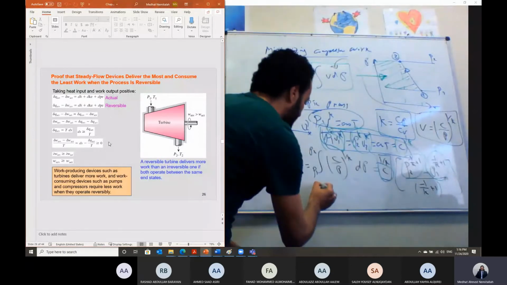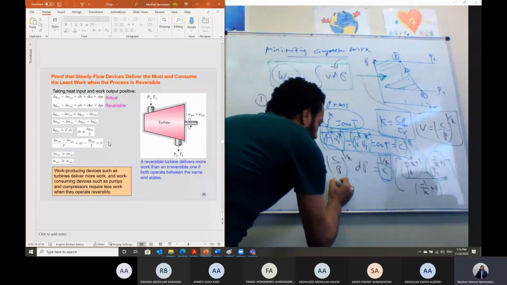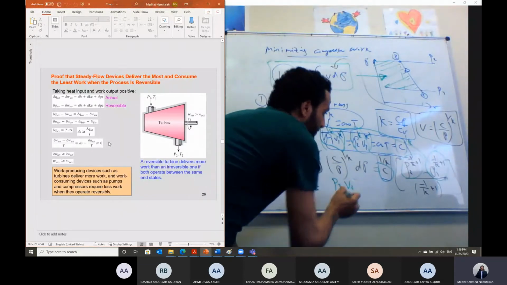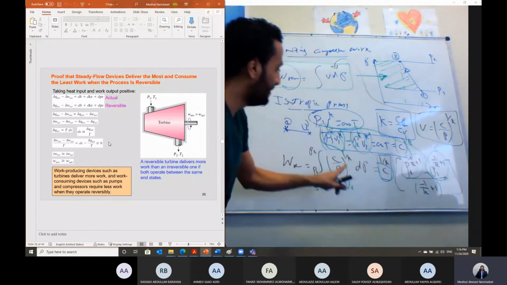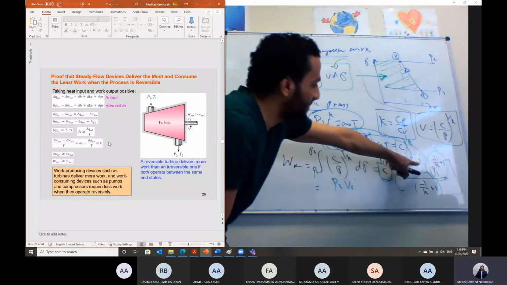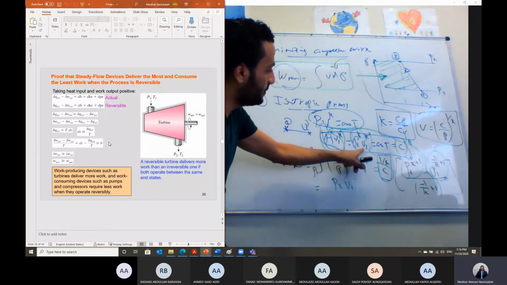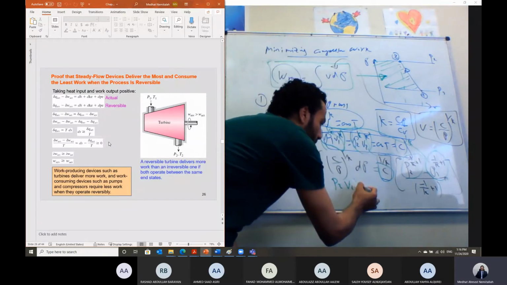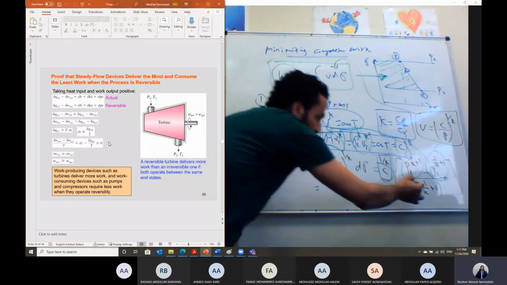Then if you do that, you will find the reversible work will equal P2 multiplied by V2, because it is P2 to the power minus 1 over k plus 1 multiplied by P2 to the power 1 over k. So we will be left with P2 to the power 1, and it will be V2 in this case. So P2 V2 minus P1 V1 divided by this term.